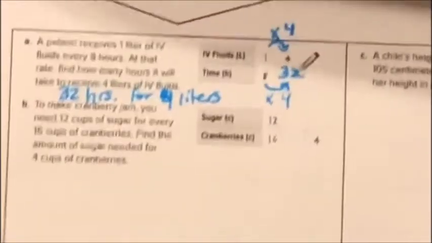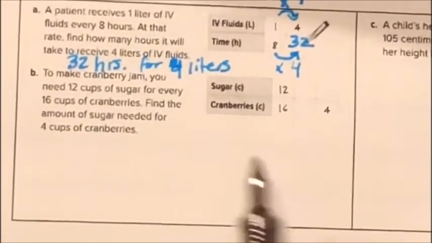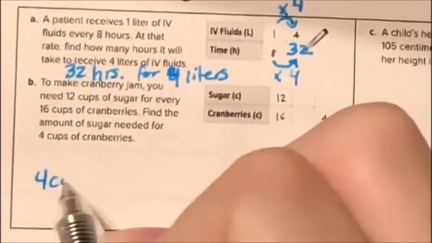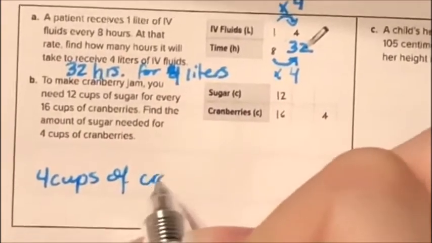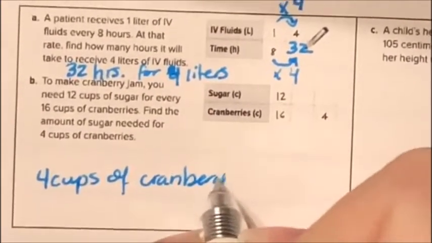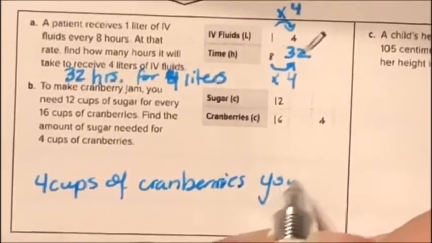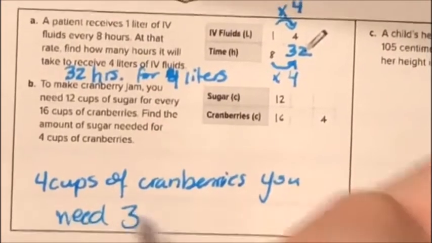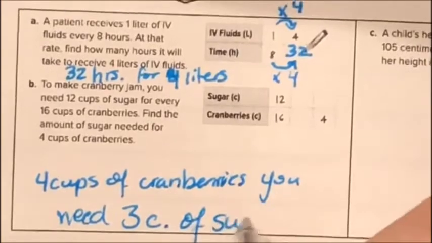Okay. So for 4 cups of cranberries, you need 3 cups of sugar.